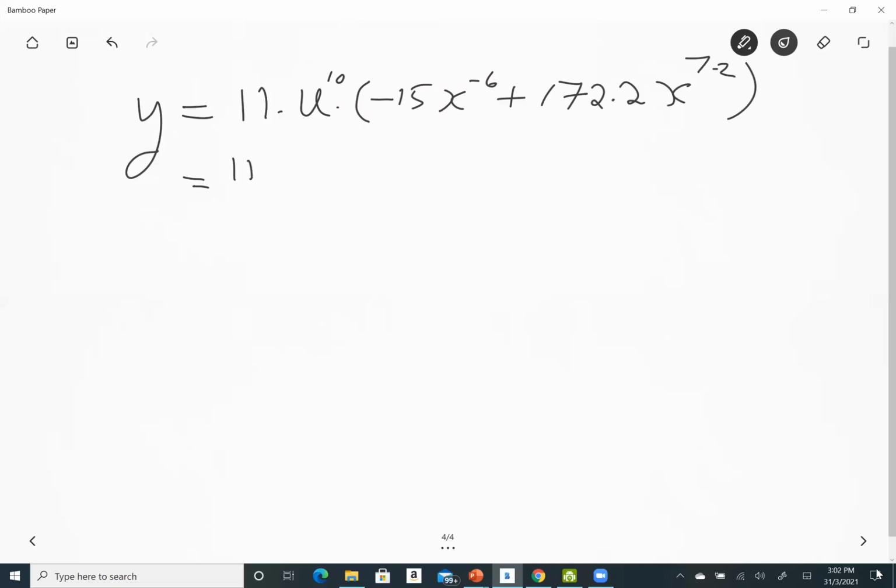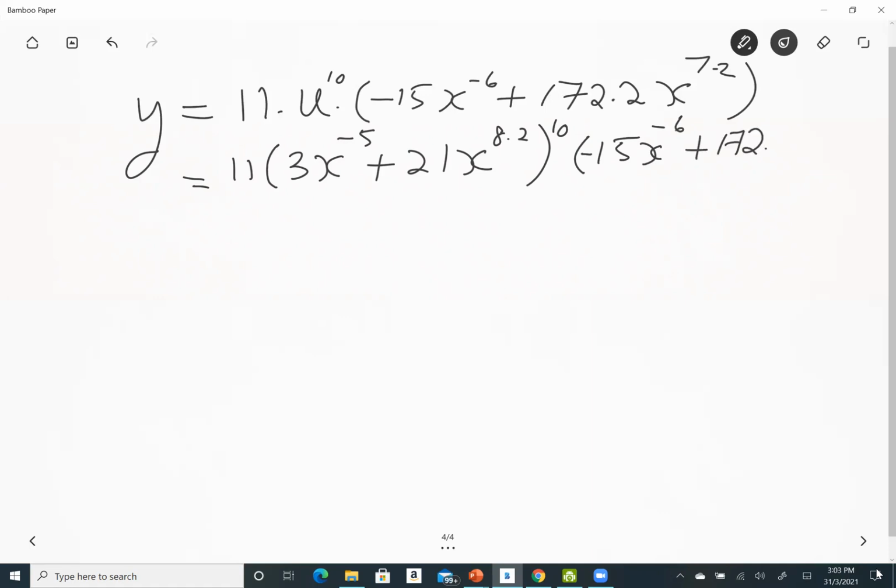So 11 multiplied by the bracket, 3 x to the power of negative 5 plus 21 x to the power of 8.2. Now the power is 10, and multiplied by the u prime, which we already have: negative 15 x to the power of negative 6 plus 172.2 x to the power of 7.2.